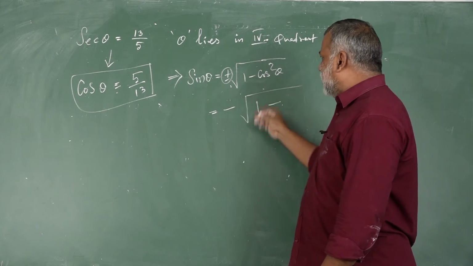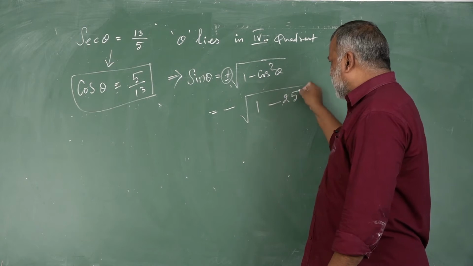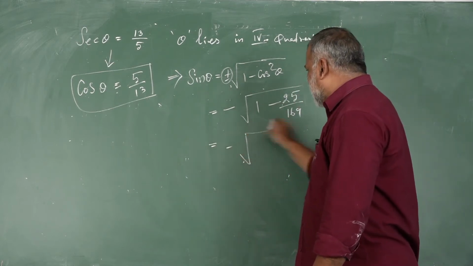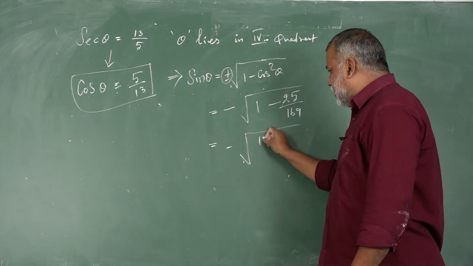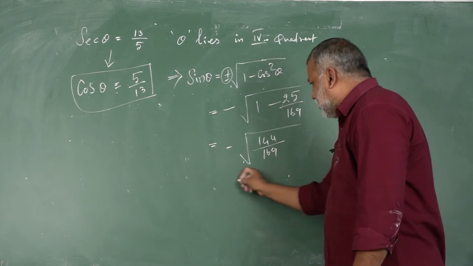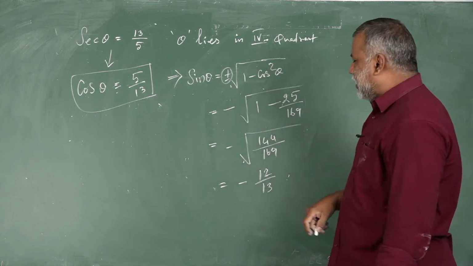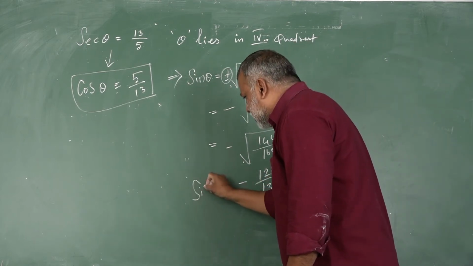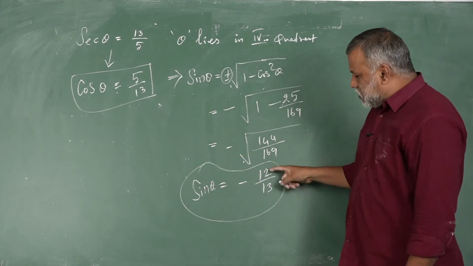Root of 1 minus cos square, 5 by 13 squared, you get 25 divided by 169. Taking the LCM, 169 minus 25 gives 144. 144 divided by 169, taking the square root, we get 12 by 13. This is the value of sin theta, so sin theta is minus 12 by 13.